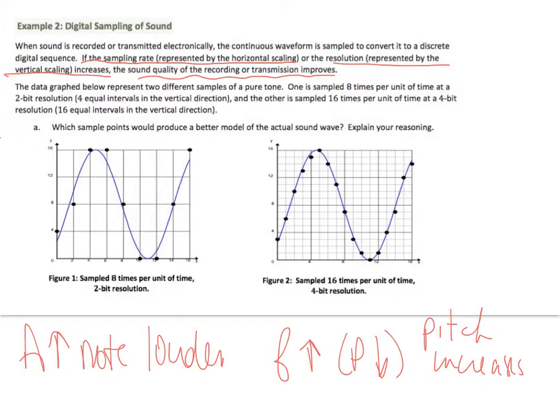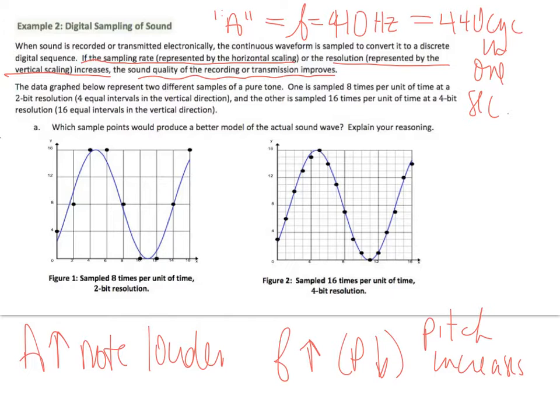A pure tone of the note A has a frequency of 440 hertz, which means the graph of the sinusoidal function that represents the pure tone would complete 440 cycles in 1 second.